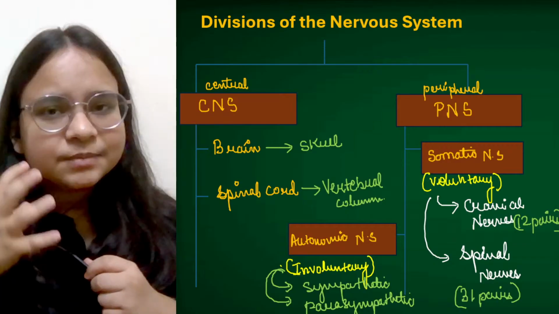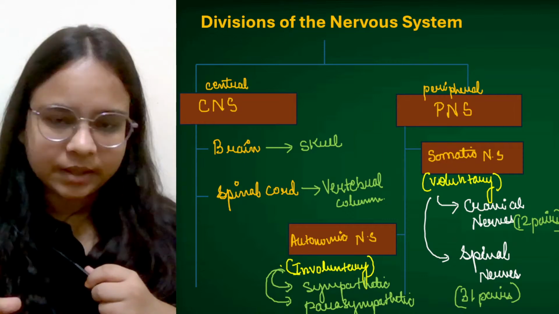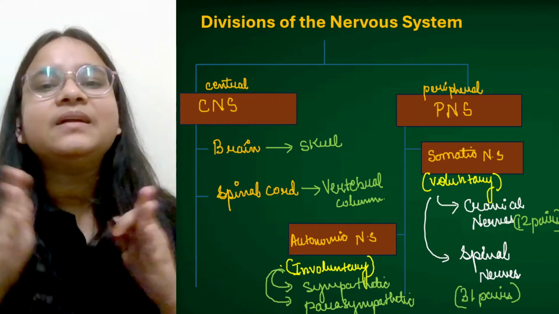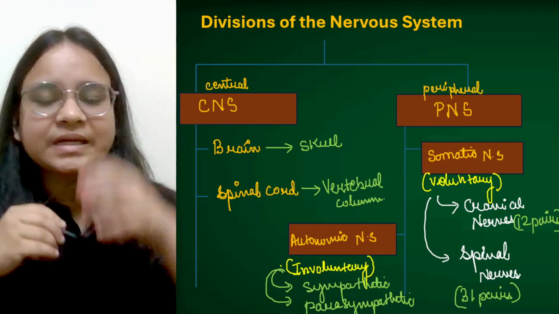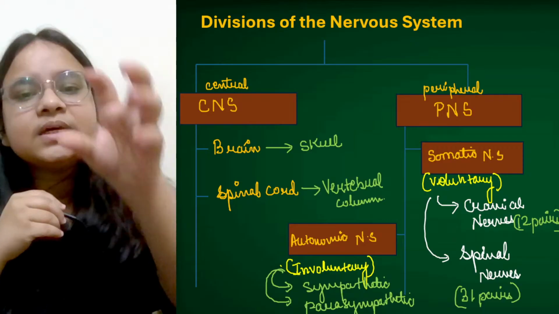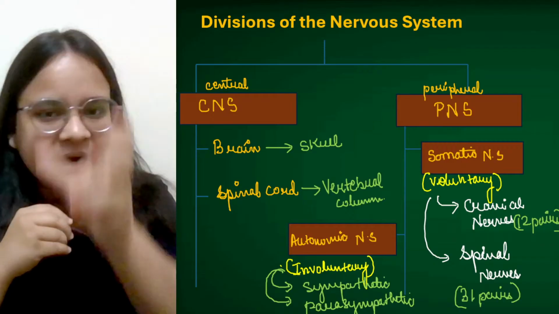The brain is protected by the skull and the spinal cord is protected by the vertebral column. Peripheral nervous system: periphery means sidewise. So all the sets of nerves emerging from the brain and spinal cord constitute the peripheral nervous system.